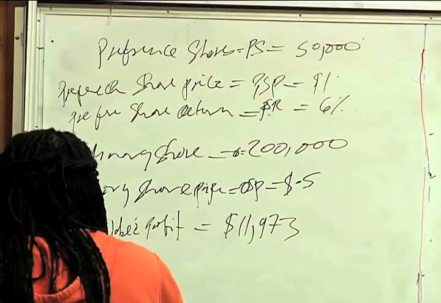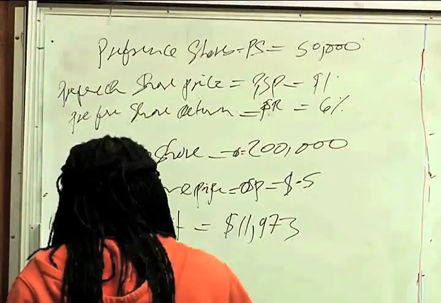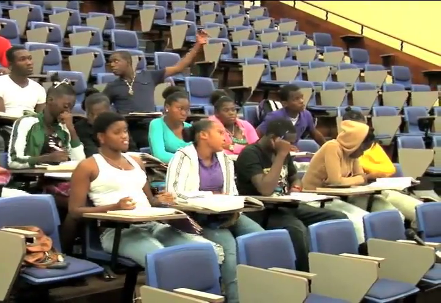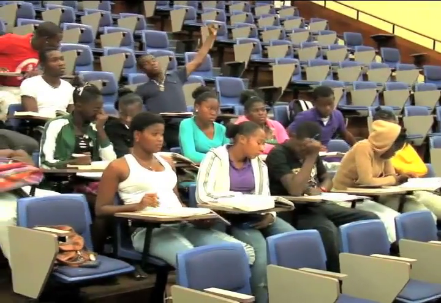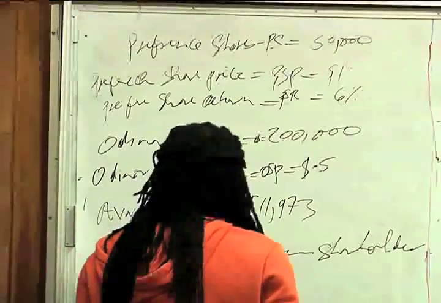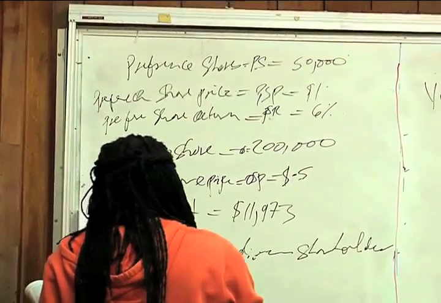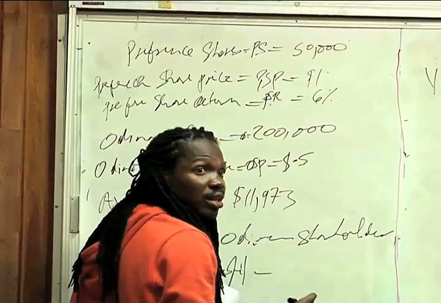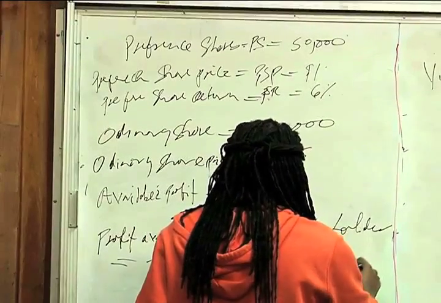Therefore, profit available for ordinary shareholders equals total profit minus preference dividend.